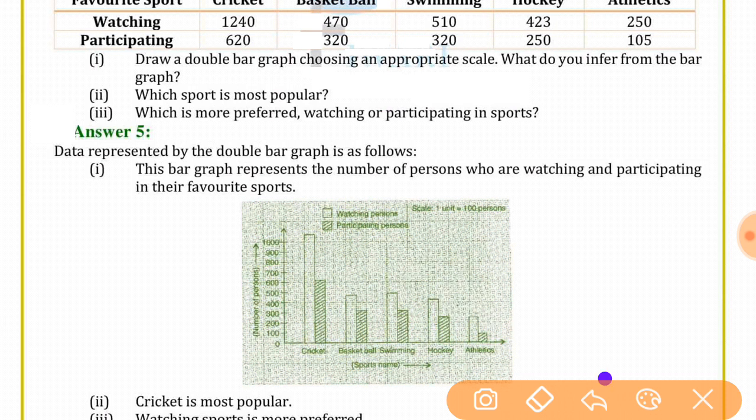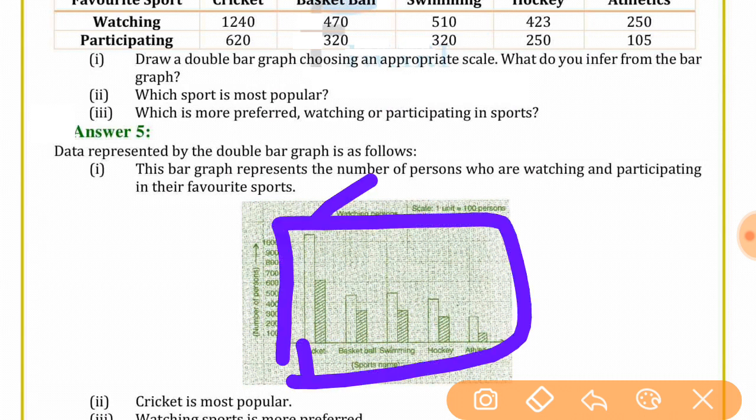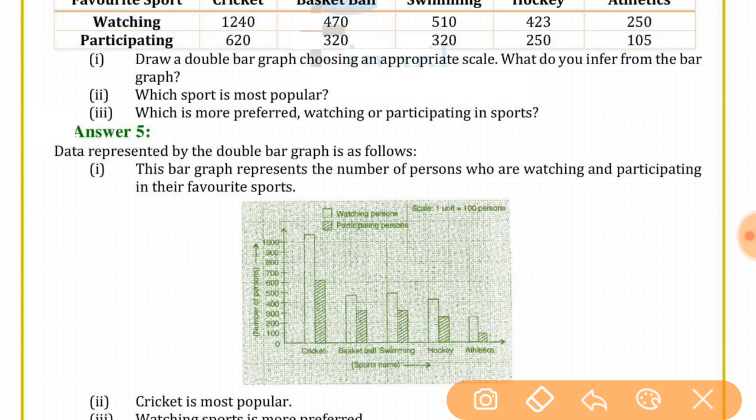So this is how the graph is. Which sport is most popular by this graph, which is the highest here? Yes, it is nothing but cricket. So the first question was not completed. They said what do you infer from the bar graph? Yes, this bar graph represents the number of persons who are watching and participating in their favorite sports.